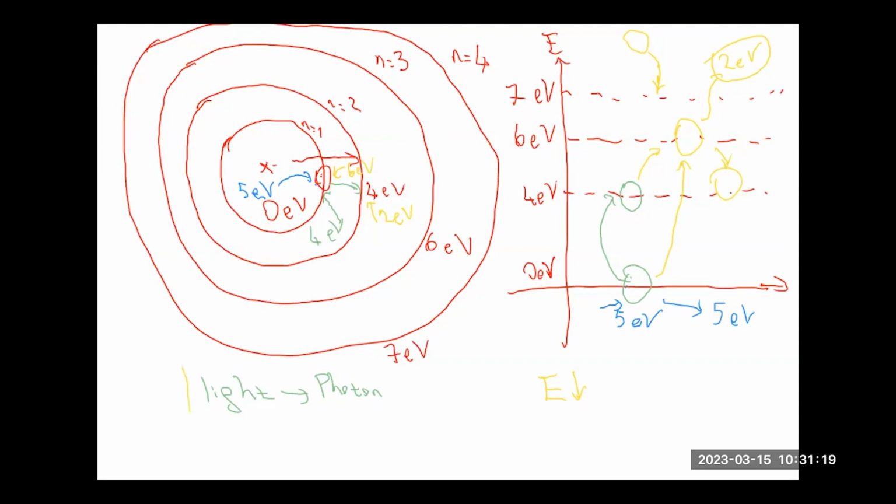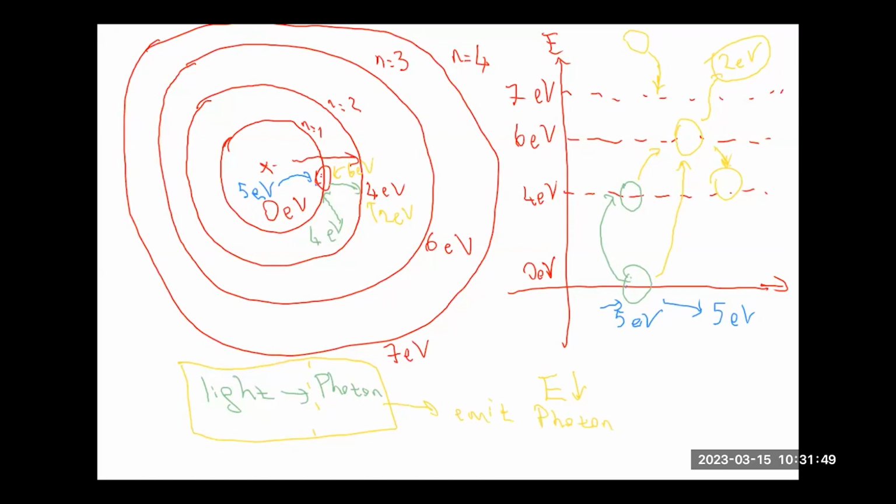Think about this. Maybe we can think about the photon. The electron can emit a photon, right? Emit a 2 electron volt photon and lower its energy.